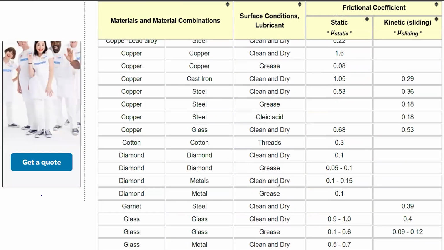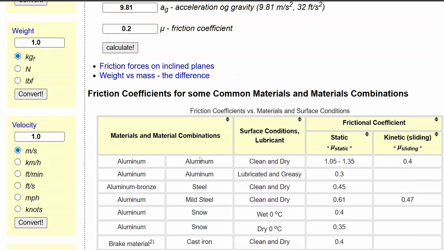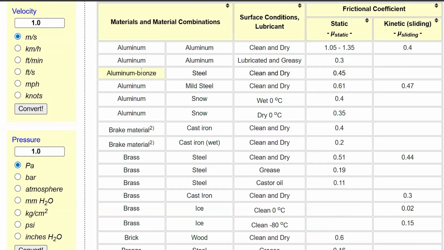All right, so that's coefficient of friction. We've got lots of these, and you don't need to memorize them. It's just combinations of materials. What is sliding on what? What's the contact between the two surfaces that could slide? Or in the case of static friction, they're not sliding yet. They're stationary, and you're trying to slide it while it's stationary on that surface.